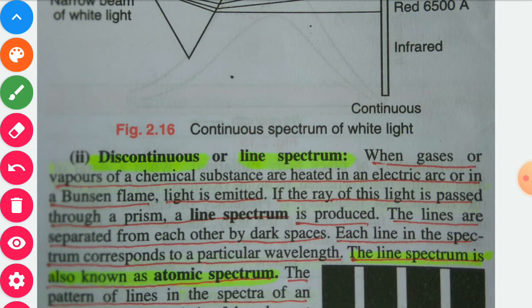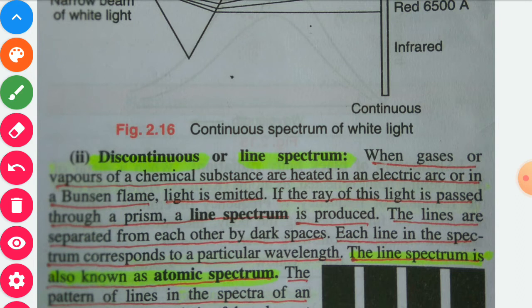The lines are separated from each other by dark space. So, when the vapor formed by a particular chemical passes through the prism, it gives different colors, but this time boundaries are found between the colors. The boundaries are found to be dark lines.